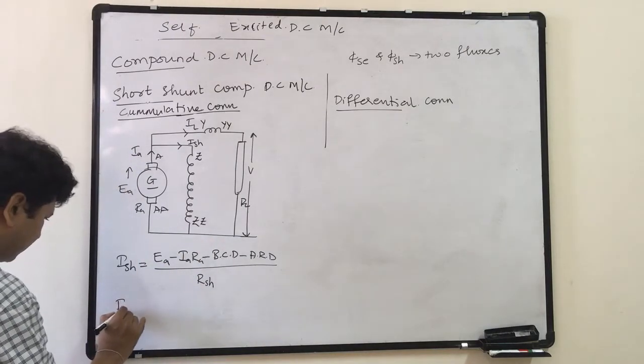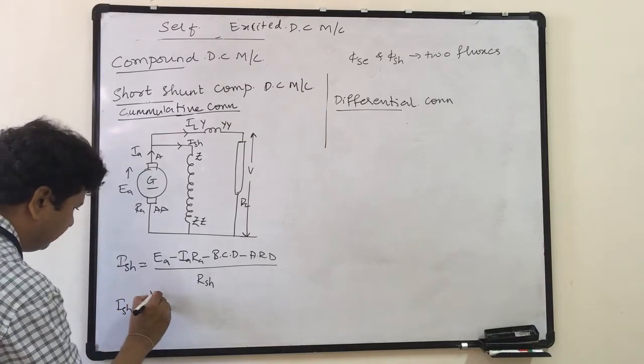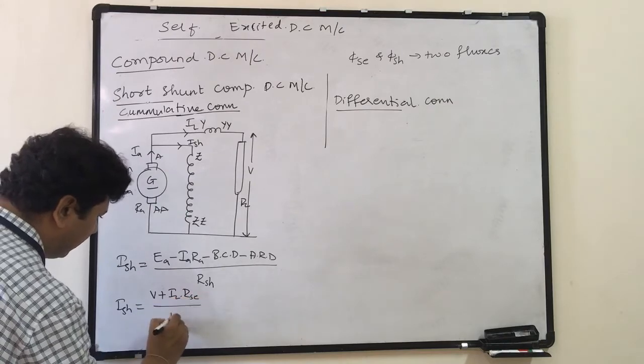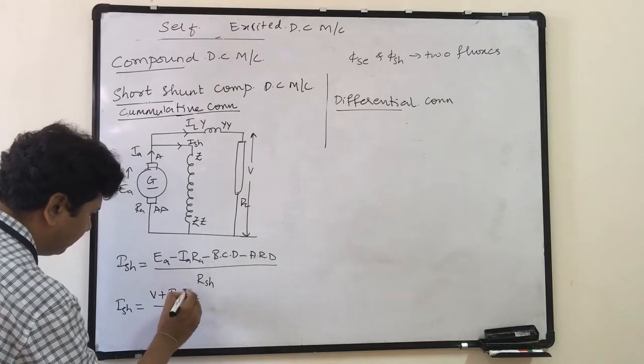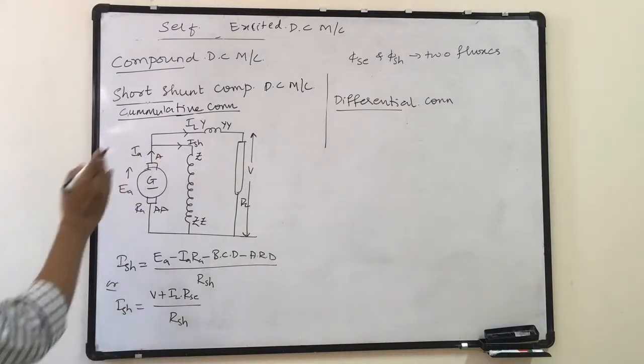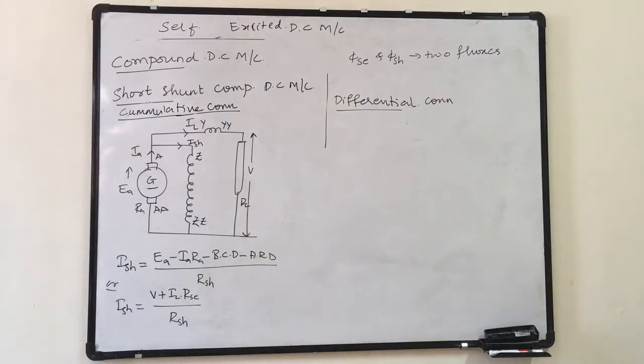Or ISH can also be given as V plus IL into RSE divided by RSH. Both are same. Simply apply the fundamental Ohm's law. You will get to know.